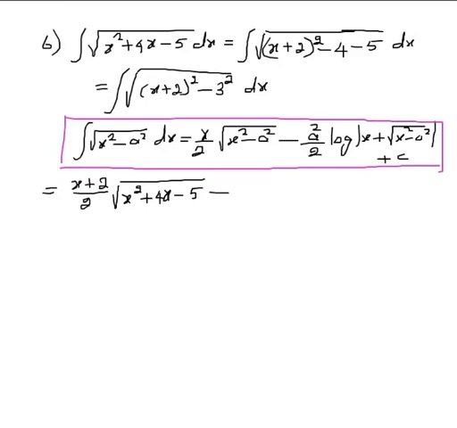Minus a square divided by 2. a is 3, 3 square is 9, divided by 2 log of x, which is x plus 2, plus root of the same expression again, x square plus 4x minus 5, and plus c.